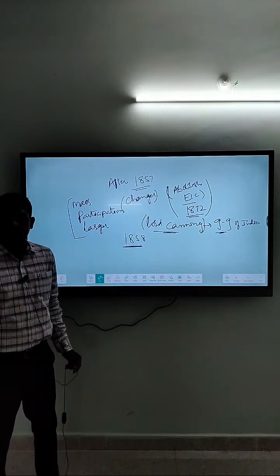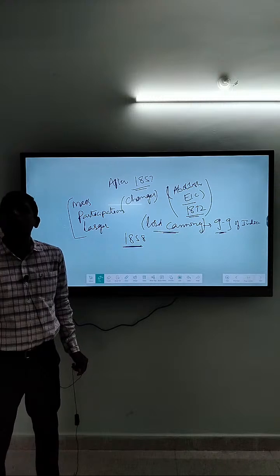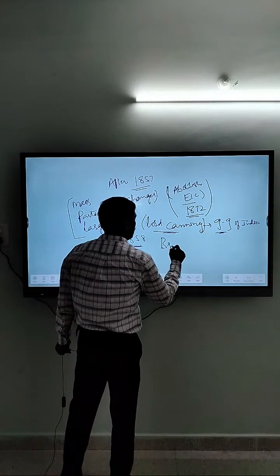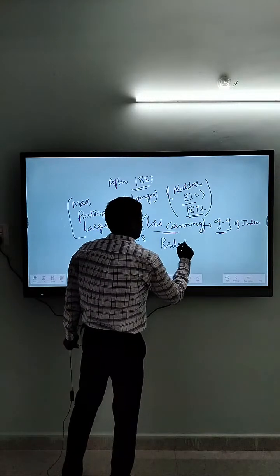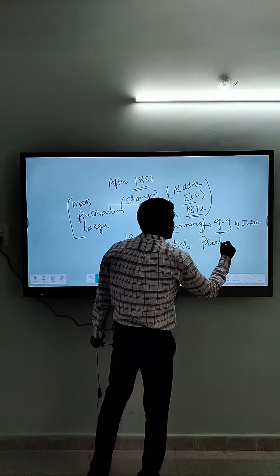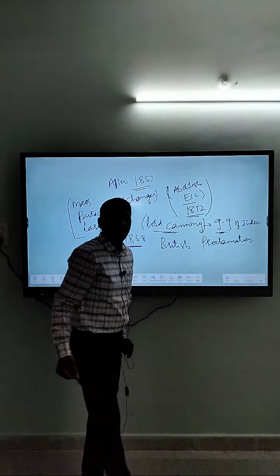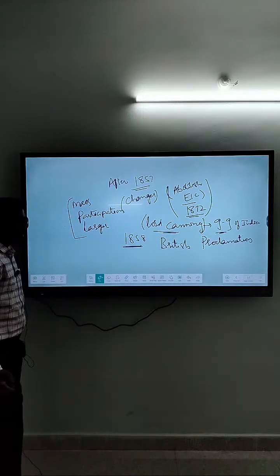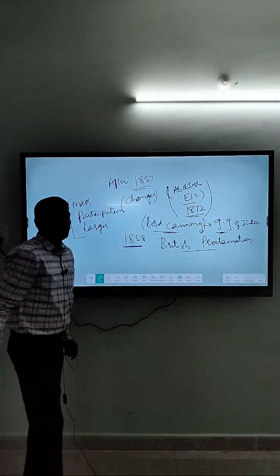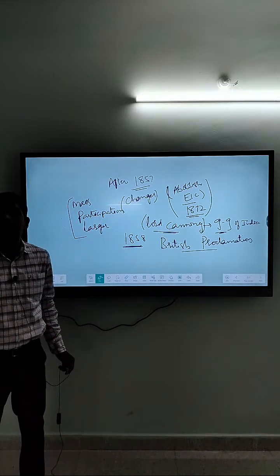Immediately after this revolt, there was a proclamation made by the British Queen. If we take this proclamation, the British Queen has assumed suzerainty over India.